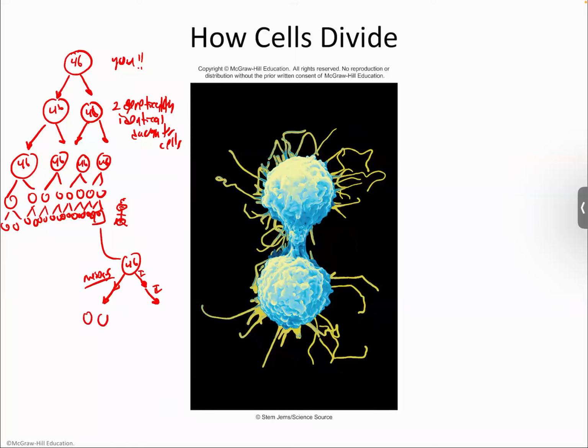And what they do is they create 4 genetically non-identical daughters. They're all different. And then notice they're half the number of chromosomes.